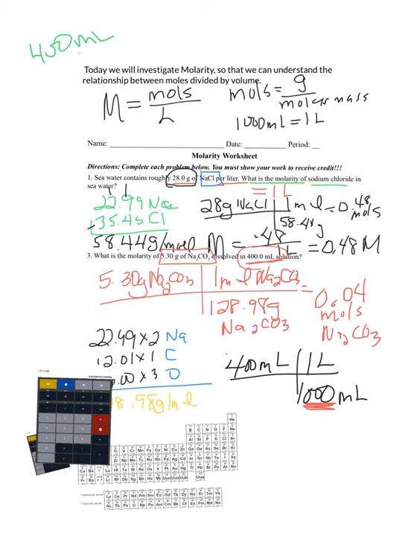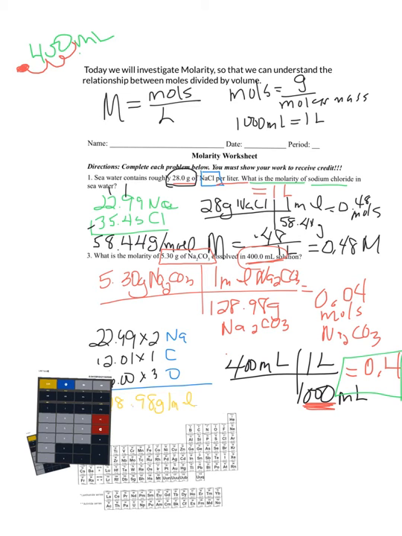So we're going to assume our decimal is after the 400. So 1, 2, 3. Which means our conversion for milliliters to liters, 400 milliliters to liters would equal 0.4.